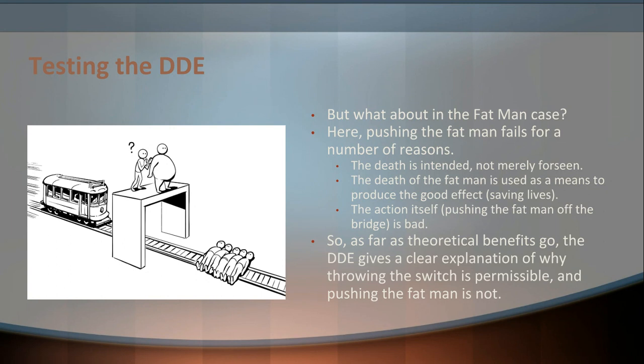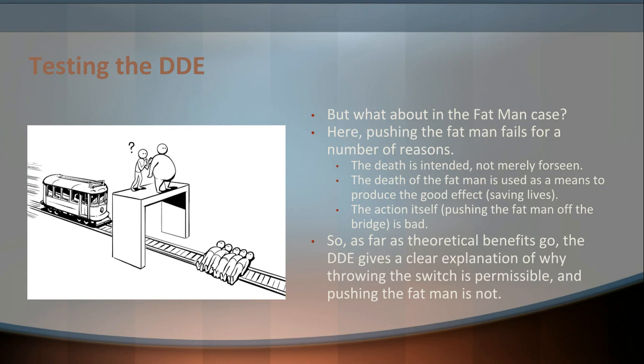For one, in the Fat Man scenario, the death of the Fat Man is actually intended. It's not just foreseen. In order to stop the train, we must kill the Fat Man. We must try to kill the Fat Man. So here, the bad effect, killing someone, is intended rather than just expected or foreseen. So we're trying to produce that bad effect.